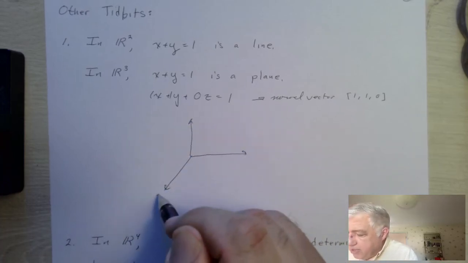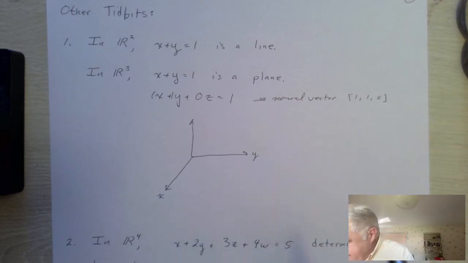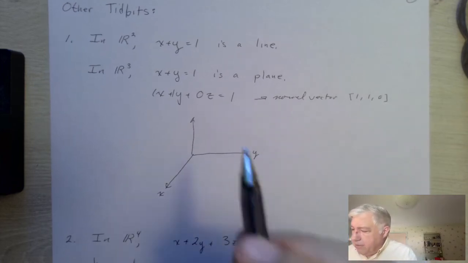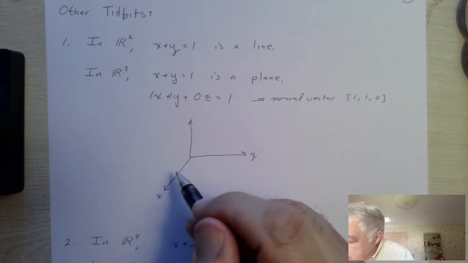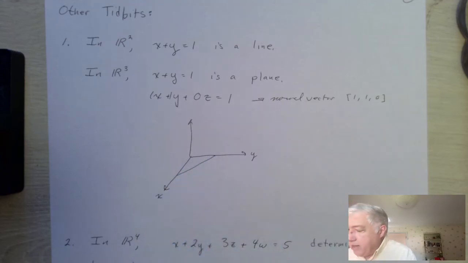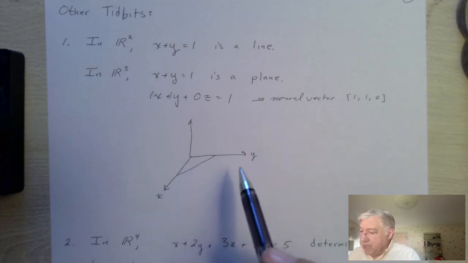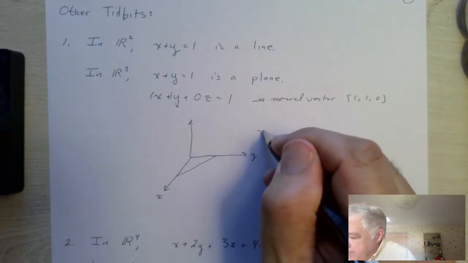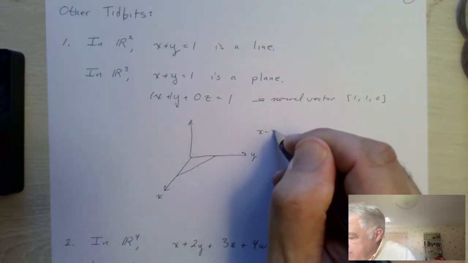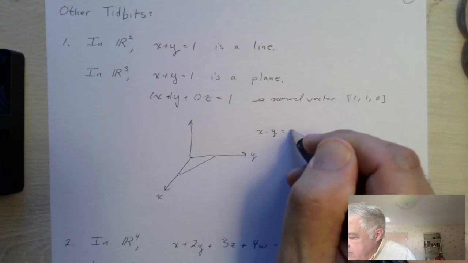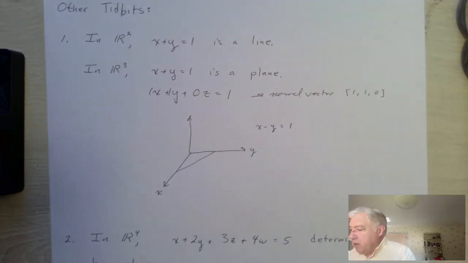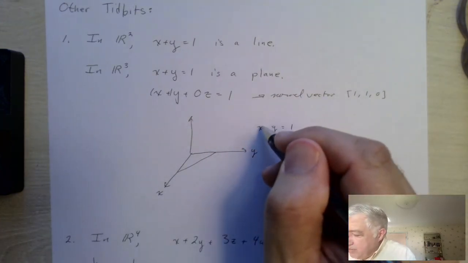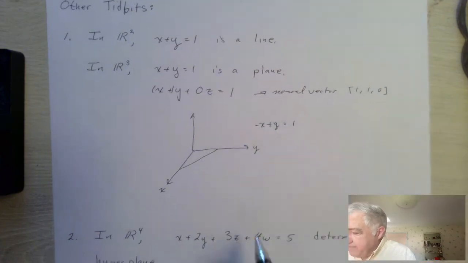And in fact, what will be going on here, say in 3-space, if this is the x and y plane, the line x plus y equals 1, or maybe this is x minus y equals 1, but let's say this is x minus y equals 1, something like that.